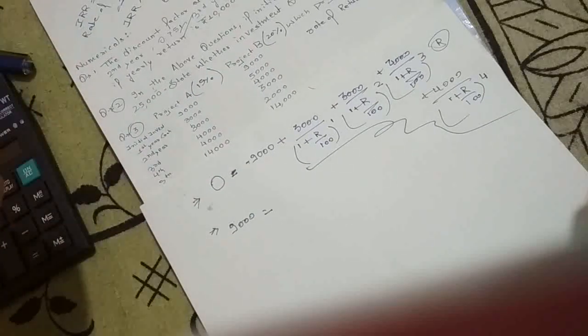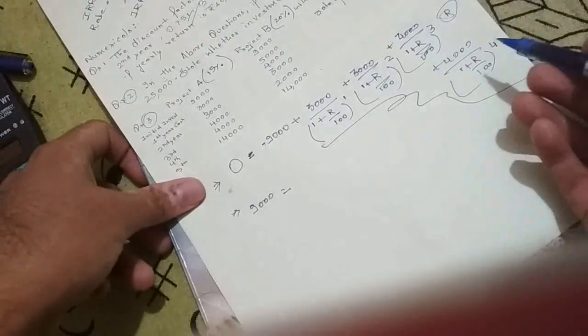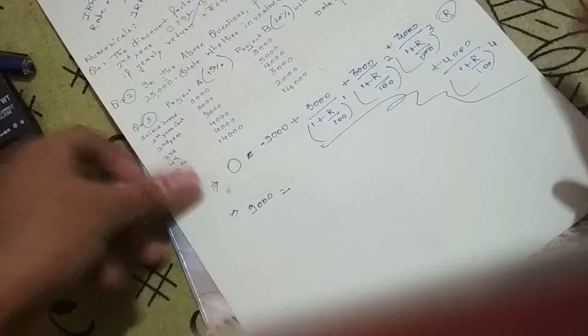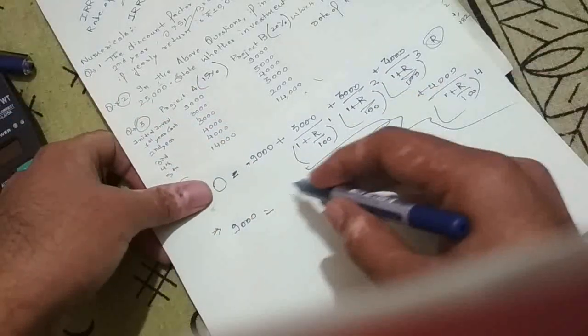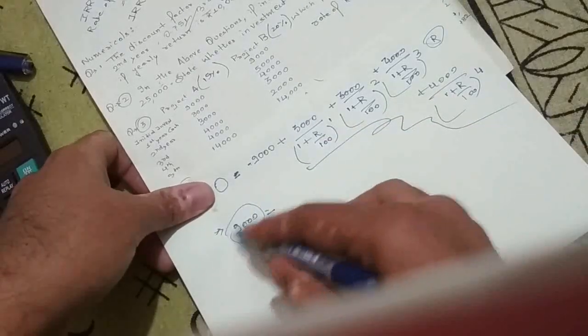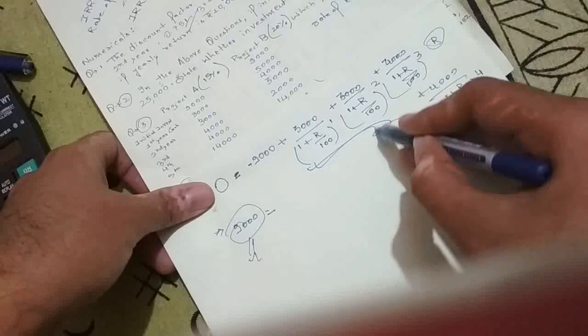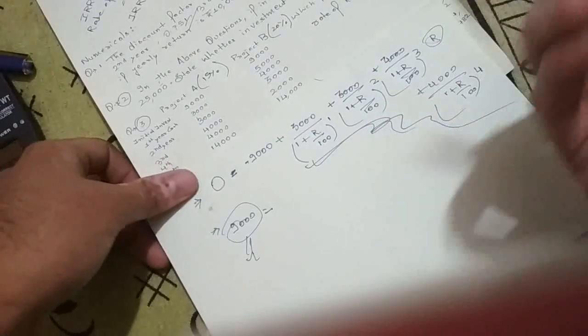If some examiner is very strict and they do ask these questions, then you don't need to do anything, you just see the options, check all 4 options, put R as the options given, and you can calculate which R gives you the amount near to 9,000. You can find it through the options.